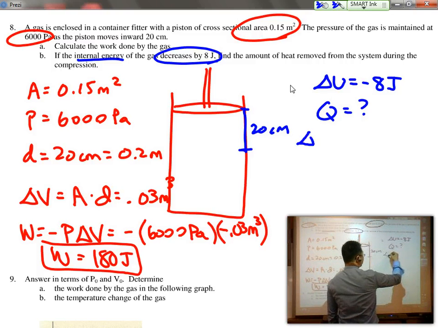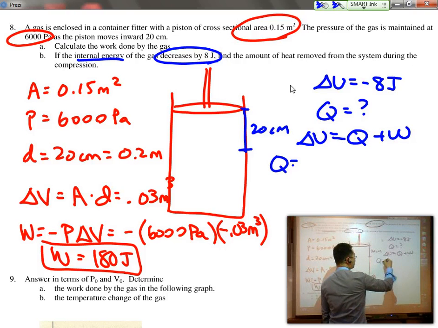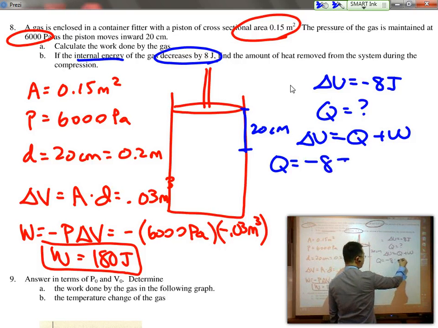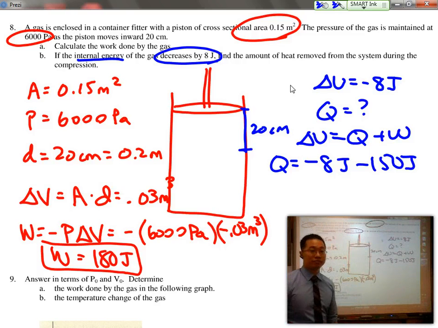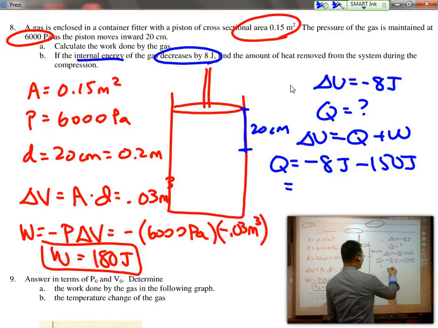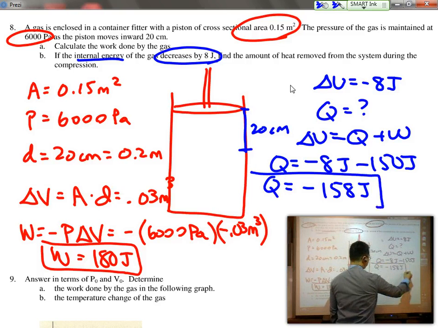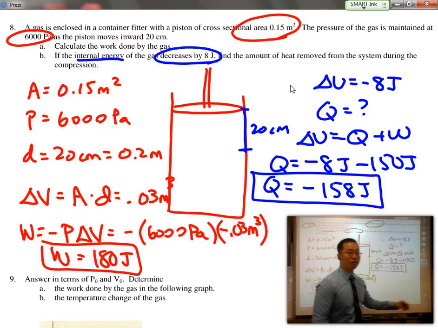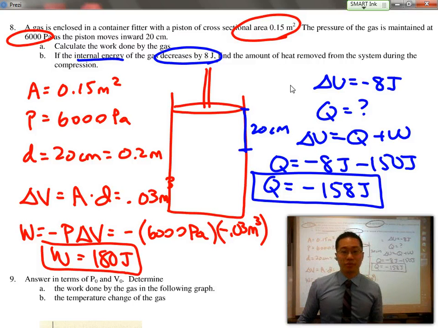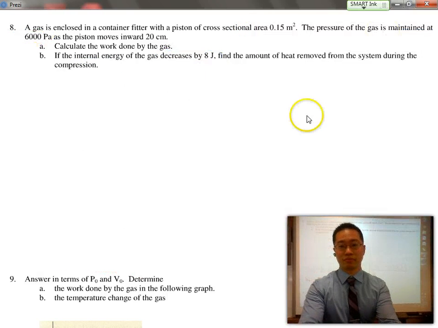So if we do delta U equals Q plus W, Q is simply equal to the negative 8 joules minus the 150 joules that was taken away. You end up with negative 158 joules. Okay, so this is just a standard question involving delta U equals Q plus W, as well as work equals P delta V.